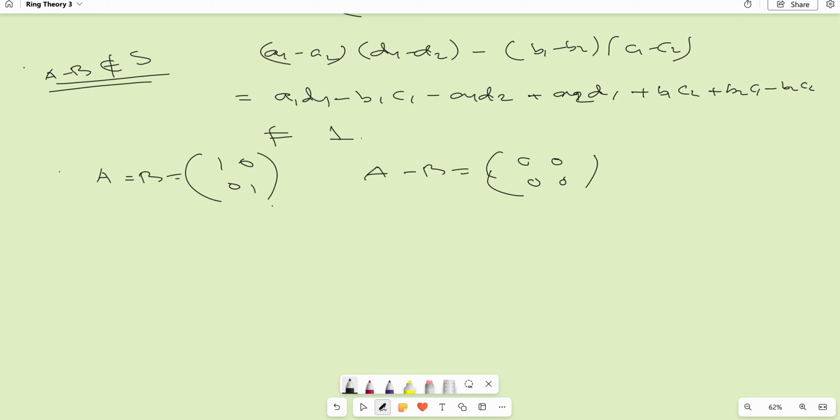The determinant of a minus b is 0, so this element is not inside S. So this is not closed under the first operation, so this is not going to be a subring.